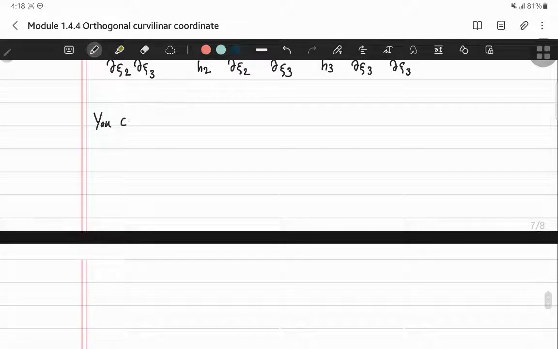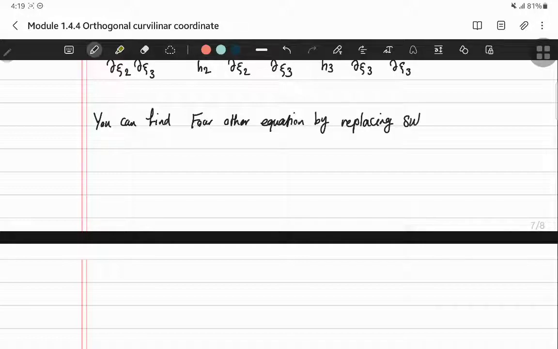So you can find four other equations by replacing the subscripts 1, 2, and 3.